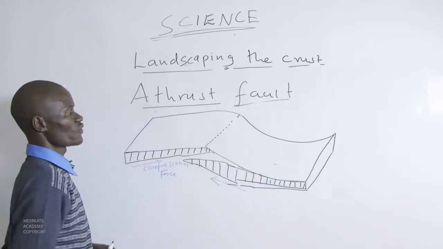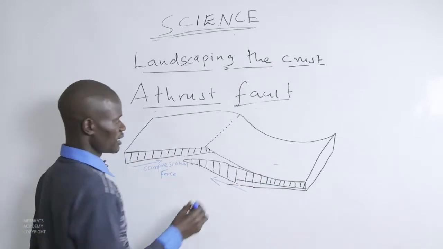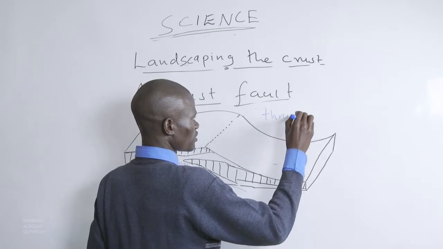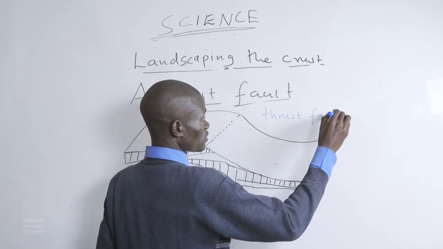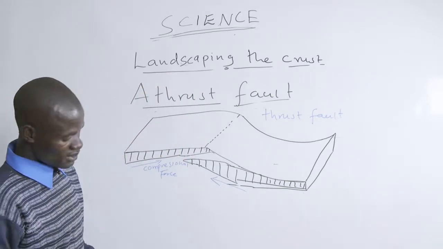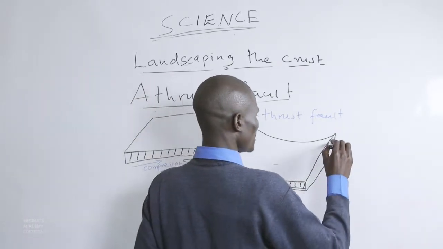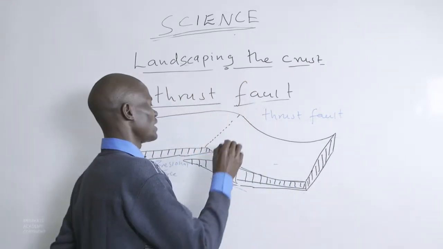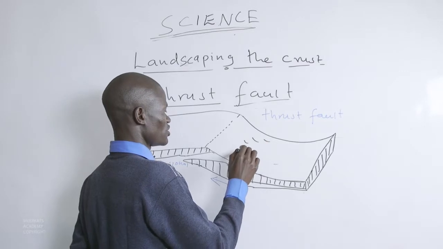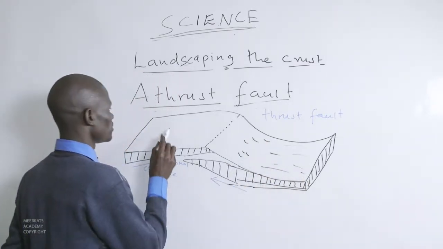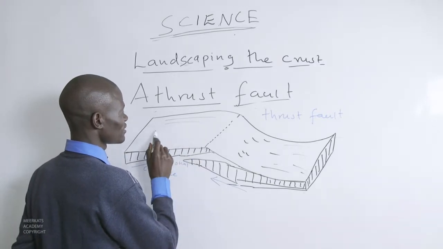When these two forces meet, there will be what you call a thrust fault. A thrust fault will be formed eventually, leading to the formation of this scape of land that shall be formed in the process.